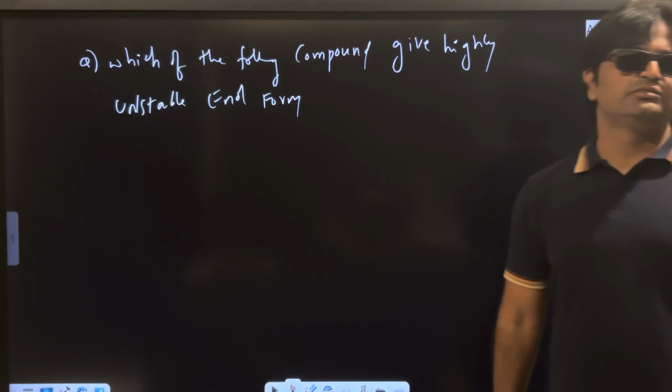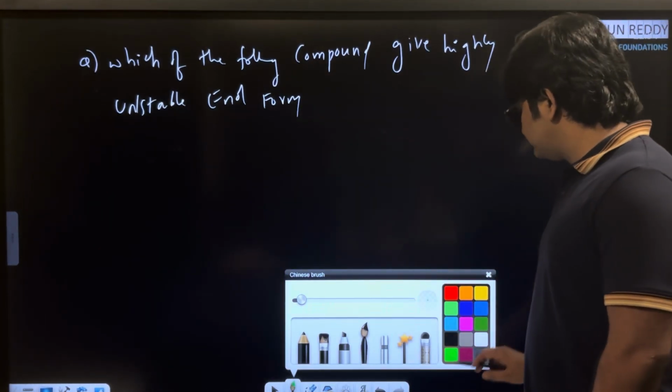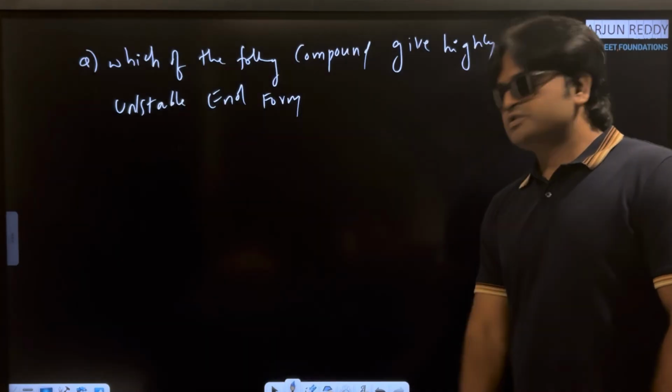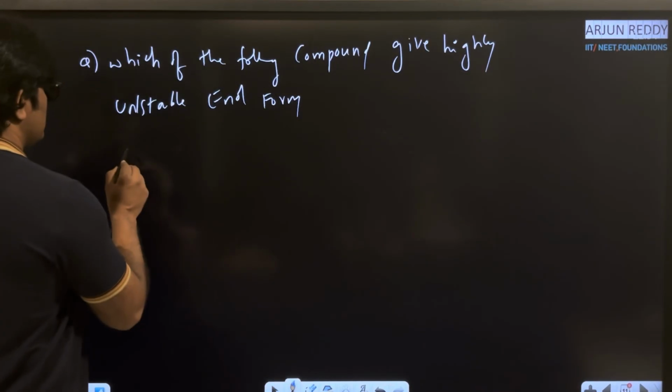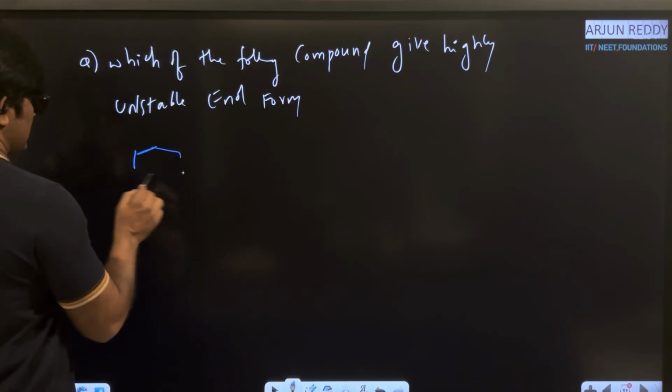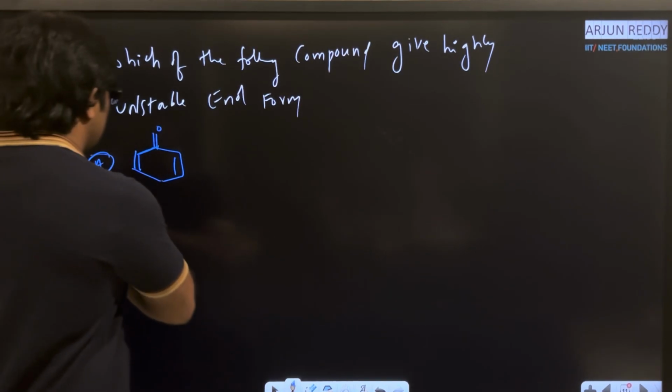That is the question. Which of the following compound gives highly unstable enol form? Right? First molecule like this, double bond O, this is compound A.